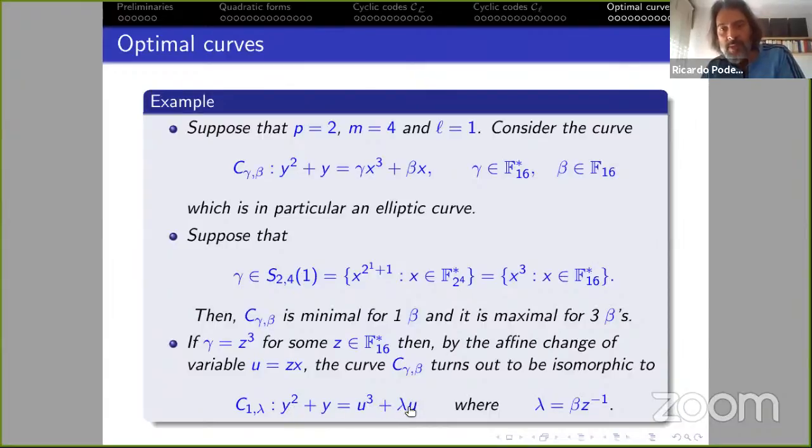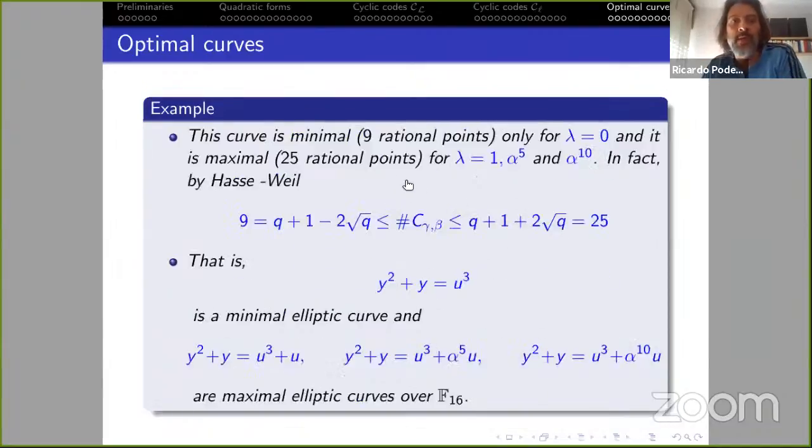For this one, we can compute: this curve is minimal with only 9 rational points, and maximal with 25 rational points, in these cases, for lambda 0 and for lambda 1, alpha to the 5th and alpha to the 10th. That is to say that this curve is minimal and these curves are maximal over F16.